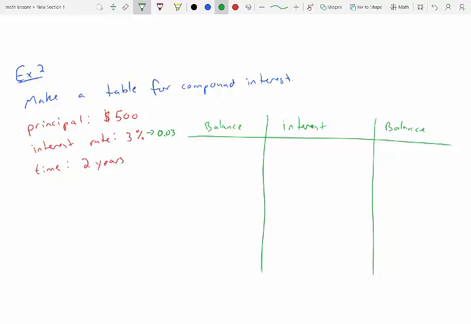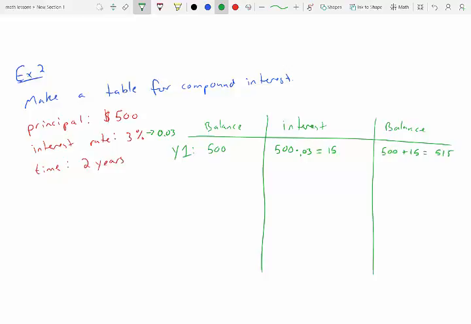And I'm going to say my balance at the beginning of year 1 is $500. My interest on that, if I gain 3%, I'm going to do 500 times 0.03, and that's going to give me 15. My balance at the end is the 500 plus that 15 equals 515.